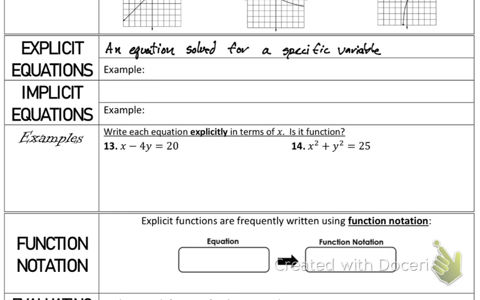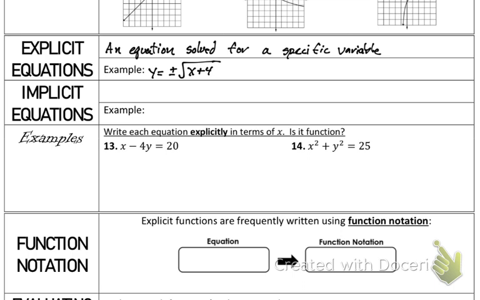An example of that might be y equals plus or minus the square root of x plus 4. Anything, that's just an example. I'm not picking specific ones. It's just solved for y. Guess what an implicit one is?